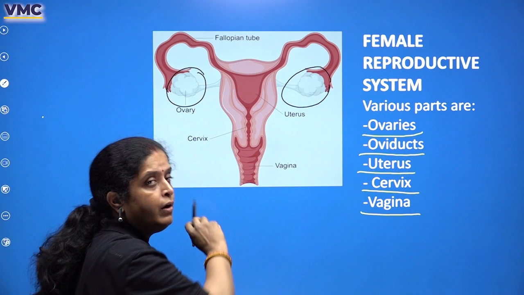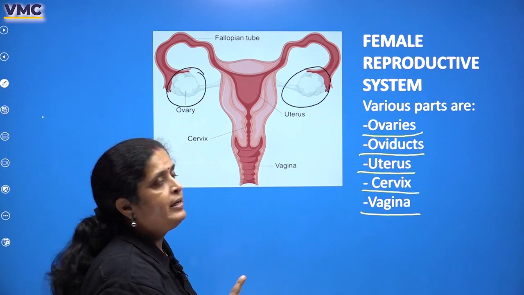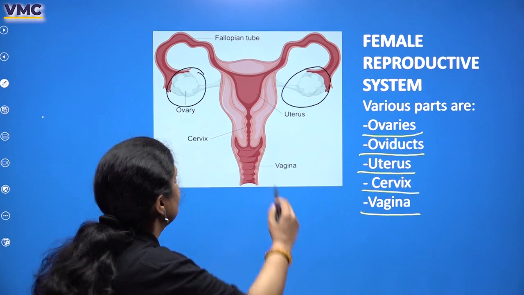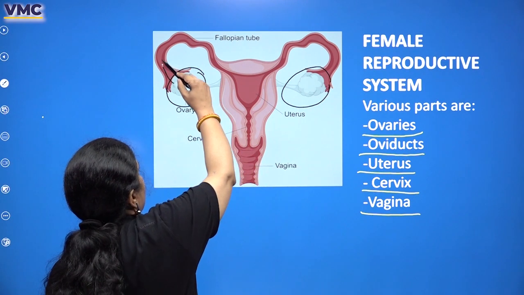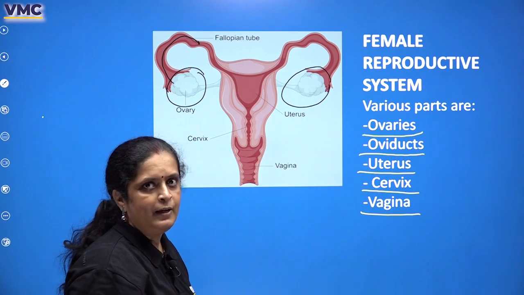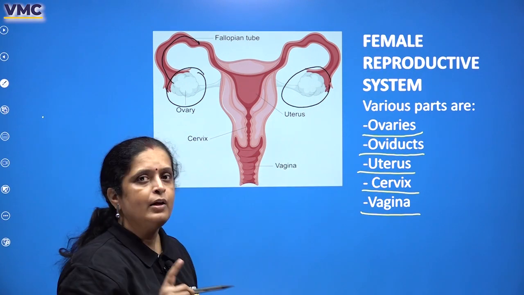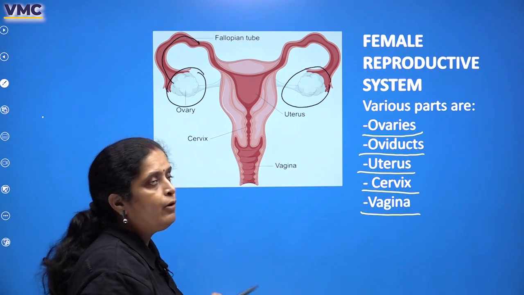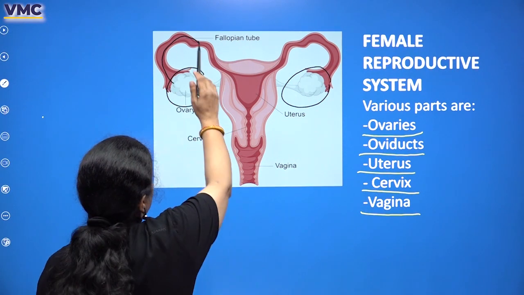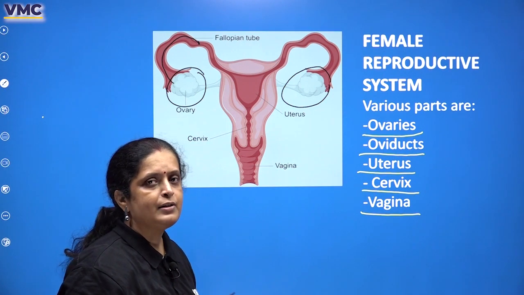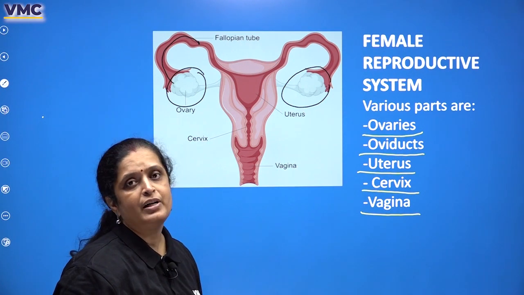Every month alternatively इन दोनों में से कोई एक ओवा प्रोड्यूस करता है and this ova is sent to the oviduct. ठीक है, तो दोनों में से कोई एक ही ओवा प्रोड्यूस करेगी और ये ओवा इन ओविडक्ट में भेज दिया जाएगा. Oviduct is the place where fertilization will take place.